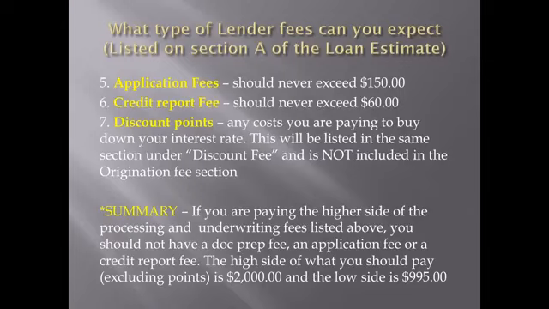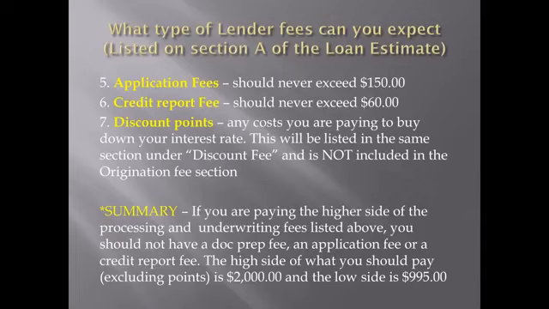So definitely understand the difference. Discount points are what you pay to get a lower interest rate below what's called the lowest par rate, which is the lowest offer rate before you start paying points that cover the lender's compensation.